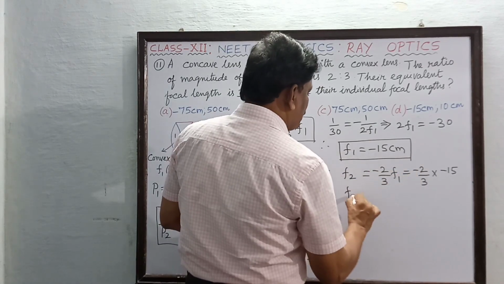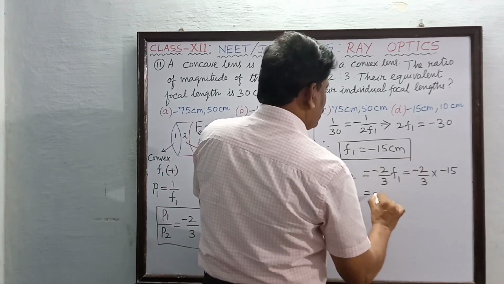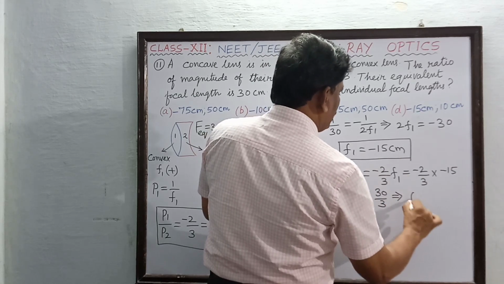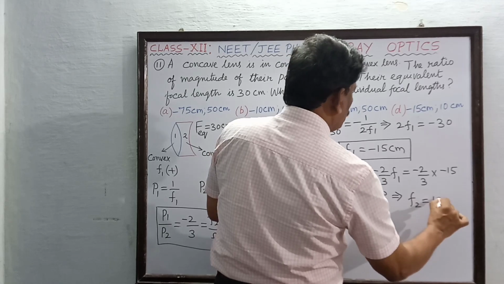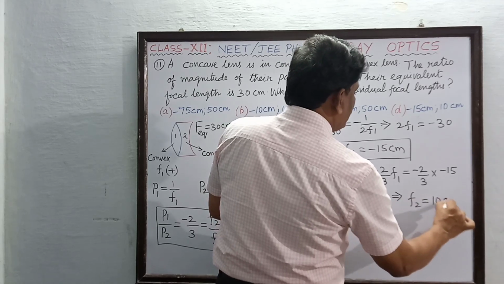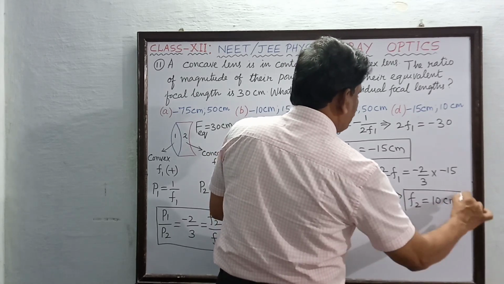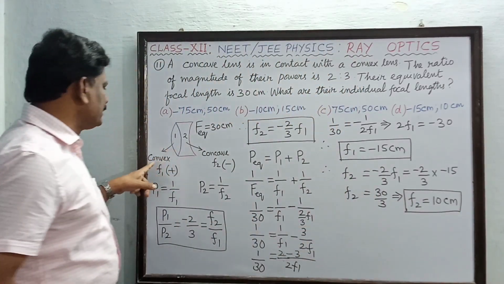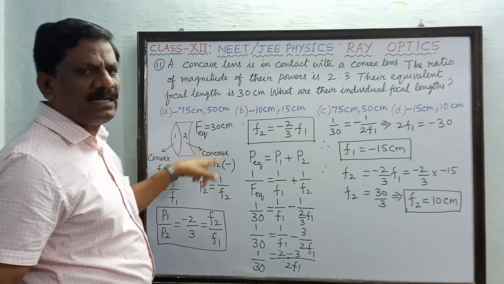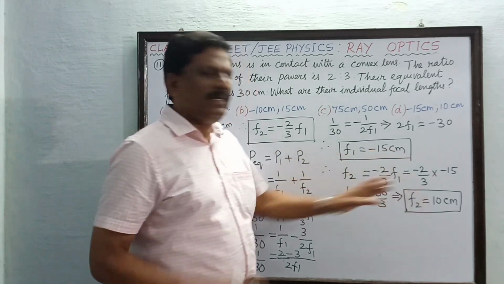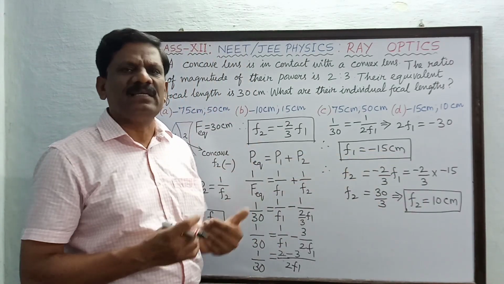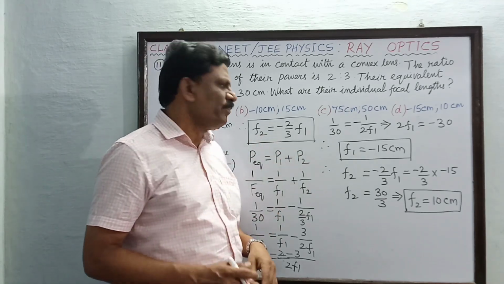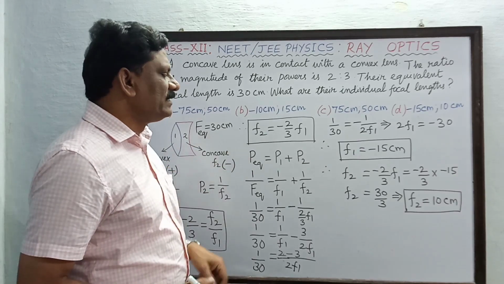So f2 is now equal to 30 divided by 3, which implies f2 is equal to plus 10 centimeter. So actually we assumed the first lens as convex and the second lens as concave, but we are getting the reverse. That means the first lens is concave and the second lens is convex, so that the combination has the focal length of 30 centimeter.